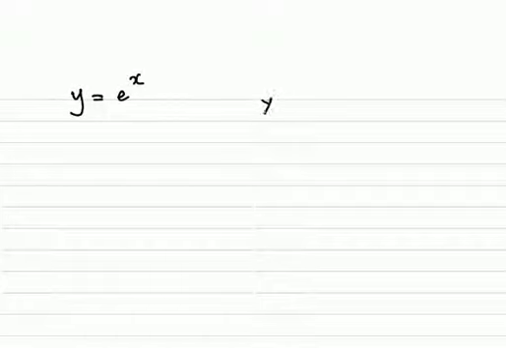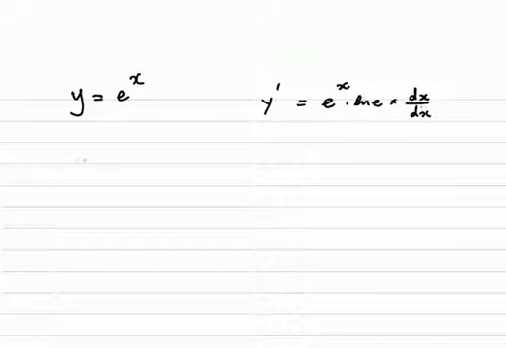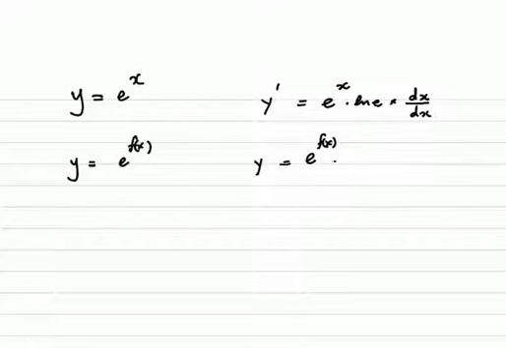We know that the derivative is e to the power of x multiplied by ln of the base multiplied by the derivative of the argument. And taking it generally, we say y equals e to the power of f of x. The derivative would be e to the power of f of x, ln of the base, multiplied by f prime.